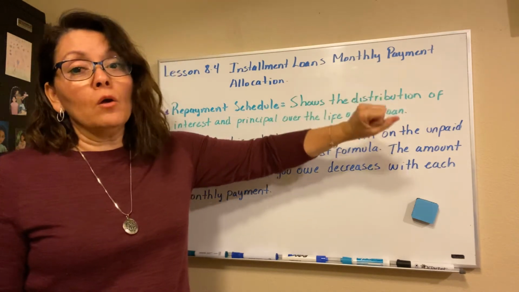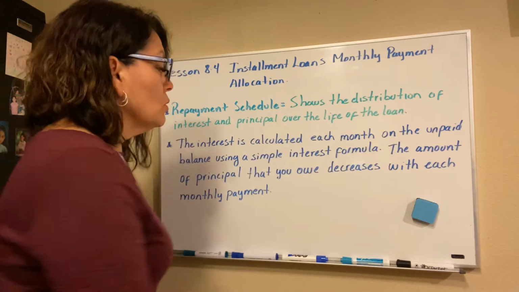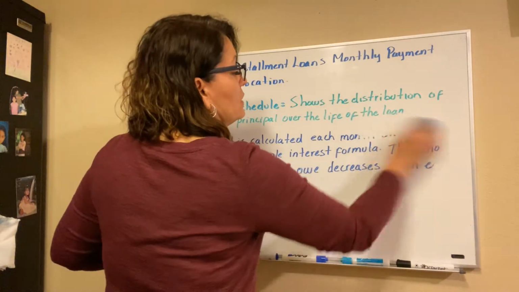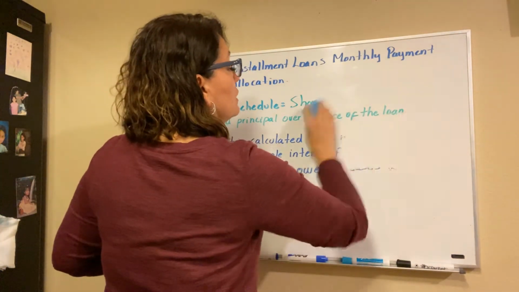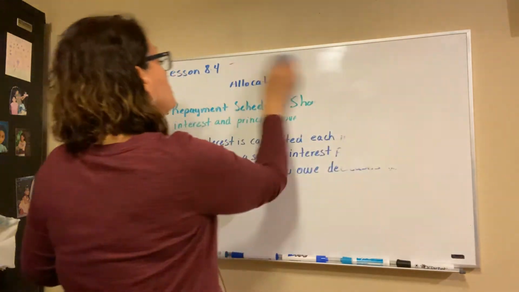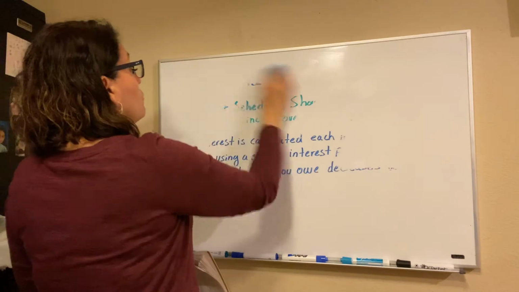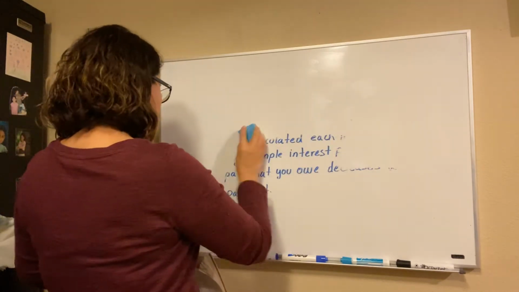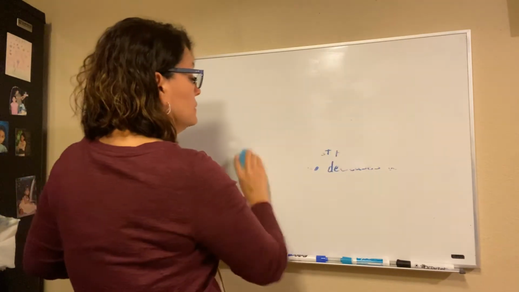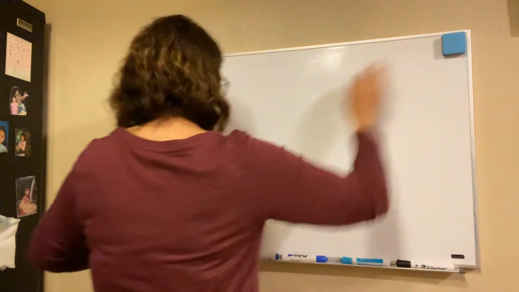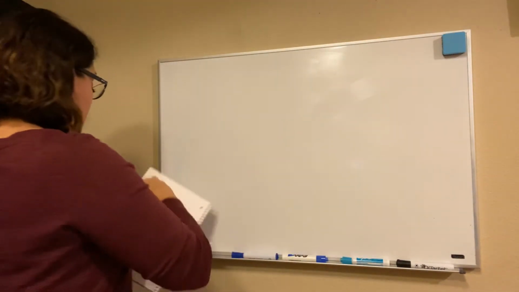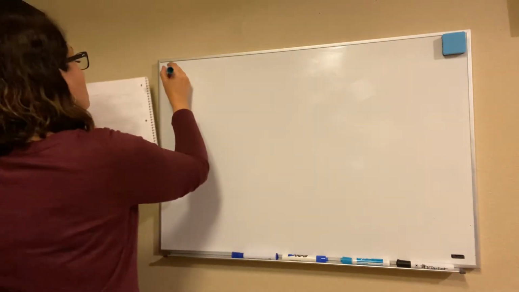So now I owe less money. But let's go and talk about numbers. That is going to be really easy for you guys to understand. So we're going to use just 3 formulas. They are really easy.